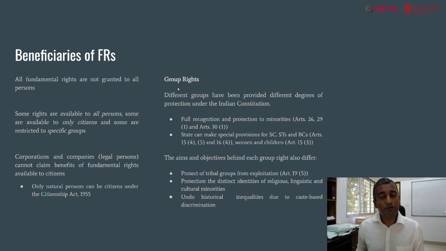The protection for special groups like SC, ST and OBC groups, as well as for women and children, are attempts to turn back historical disadvantage which has persistent effects into post-independence India. So the motivation for protection and the nature of protection for each of the groups is distinct and requires some careful historical understanding to help us along the way.